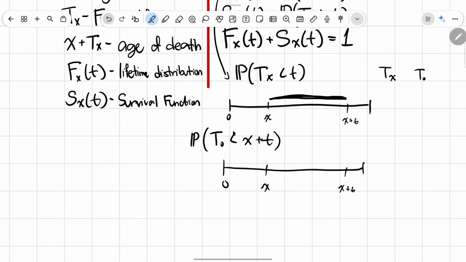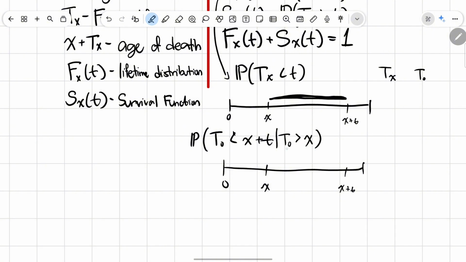So to do that, let's write the condition. The probability of T0 is less than x plus t given that the future lifetime of the person already exceeds, or is greater than, x already.